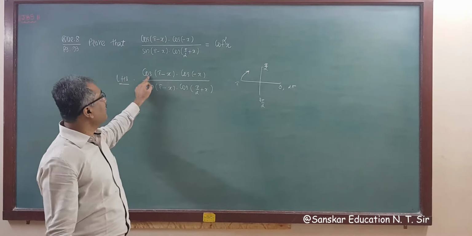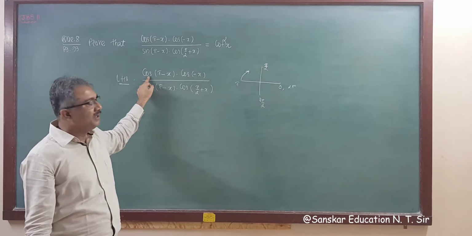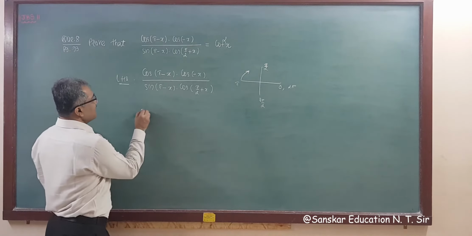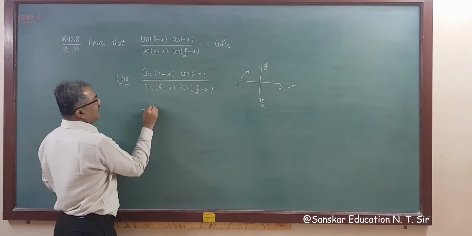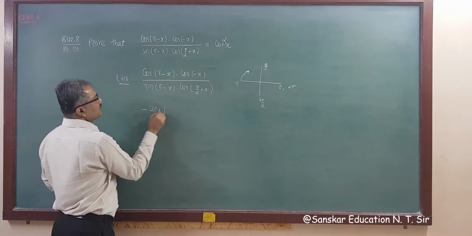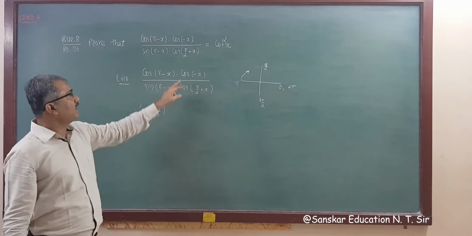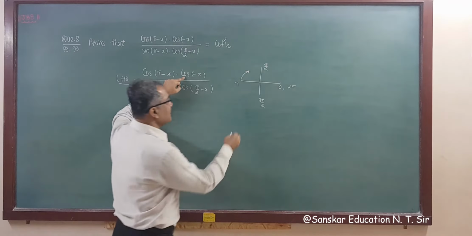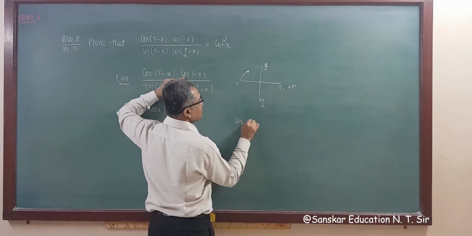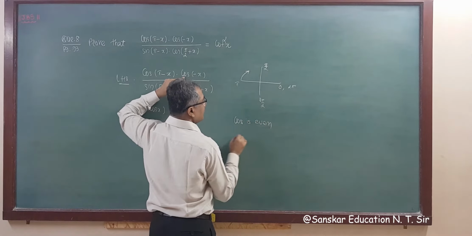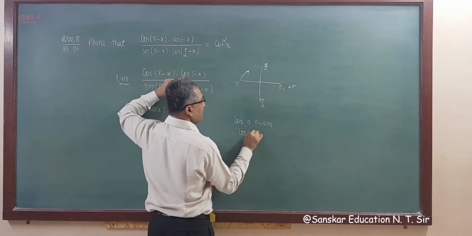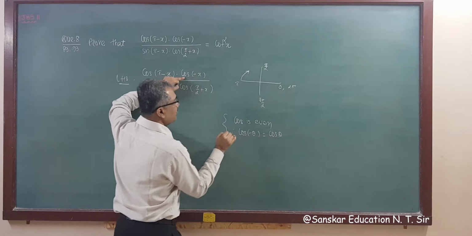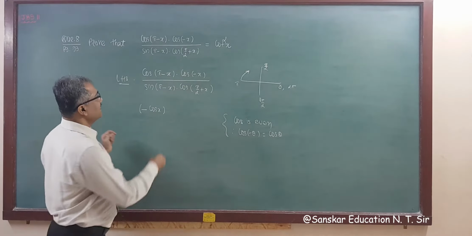And in the second quadrant cos is negative, no change because this is a full angle. So cos is negative, so minus cos x is your answer. Then cos(-x): cos is an even function, therefore cos(-theta) is equal to cos theta, that you know. So this is cos x.